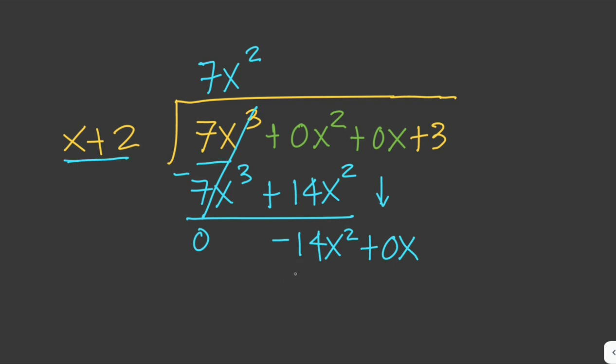Then we can divide negative 14x squared by x, the same process. Negative 14x squared divided by x is equivalent to negative 14x. So minus 14x times x plus 2.